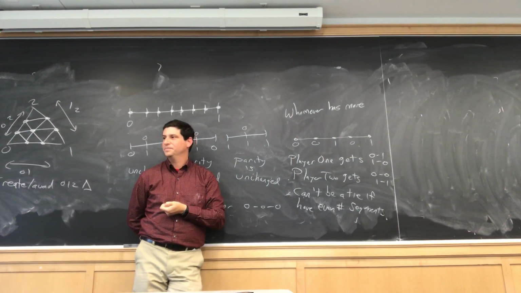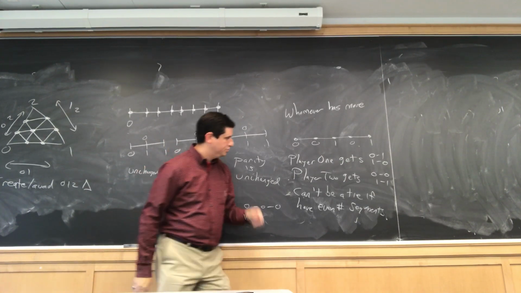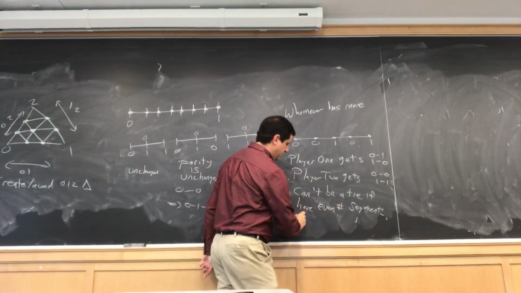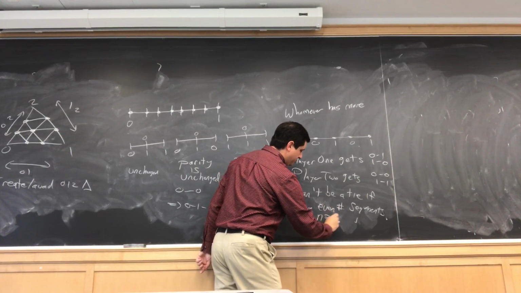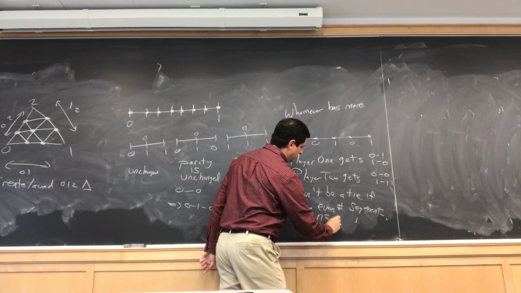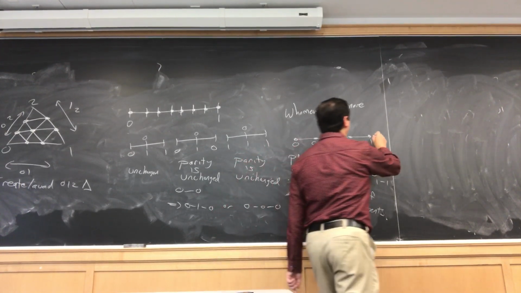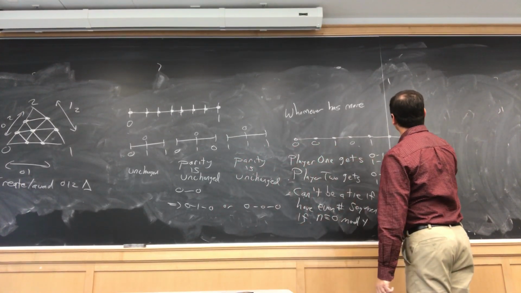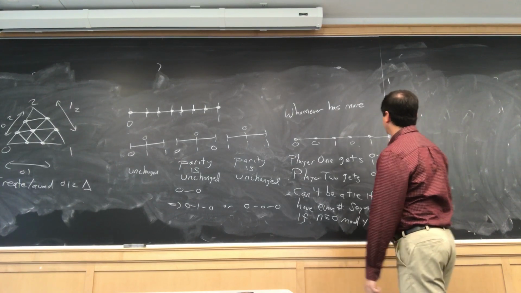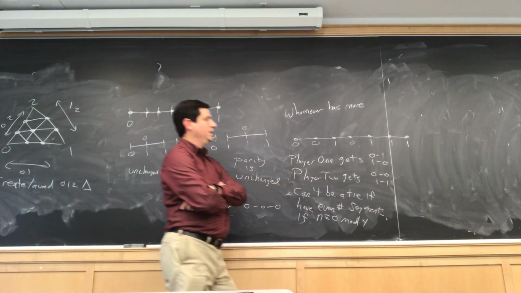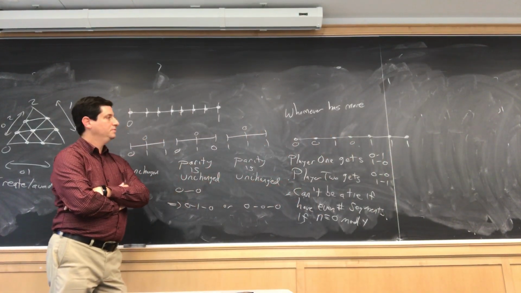It's only true if your number of segments is divisible by 4. If you have 6 segments, you could have a tie. If n is congruent to 0 mod 4. So if we had 6 points, now we could have a tie.